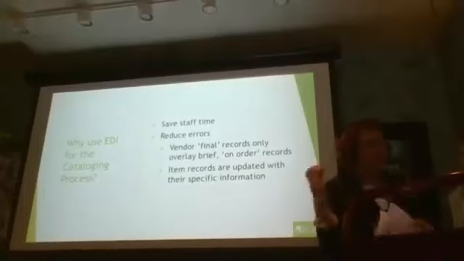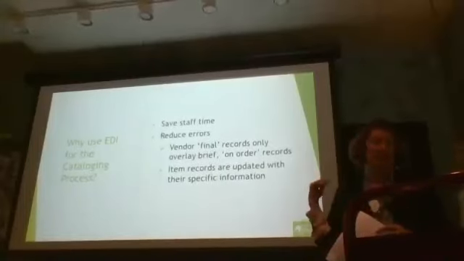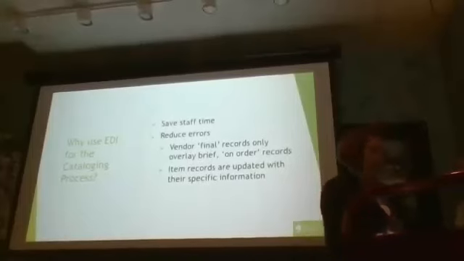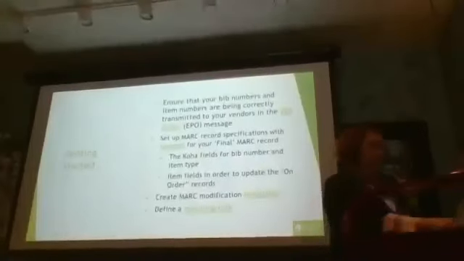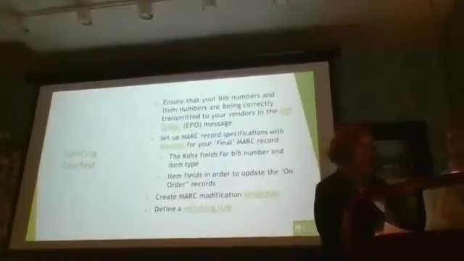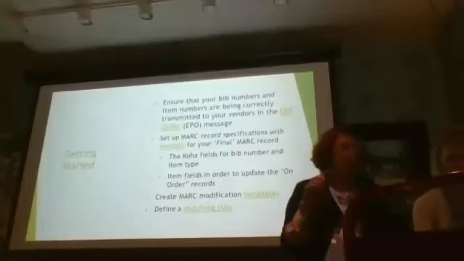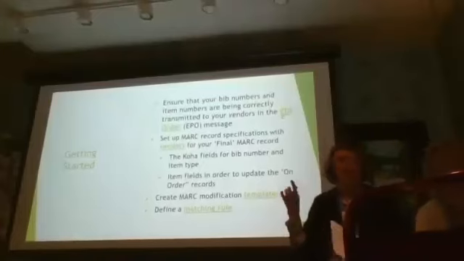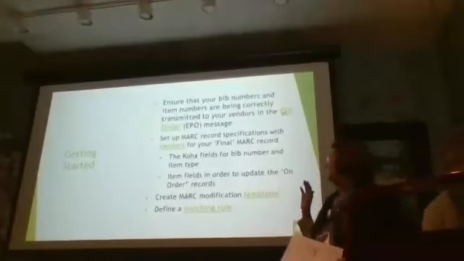And the other big thing that we find is most helpful is that the item information is updated. So ensure your bib numbers are correctly done. You need to look at your EDI message, the EDI message that goes out. This is one line in it.